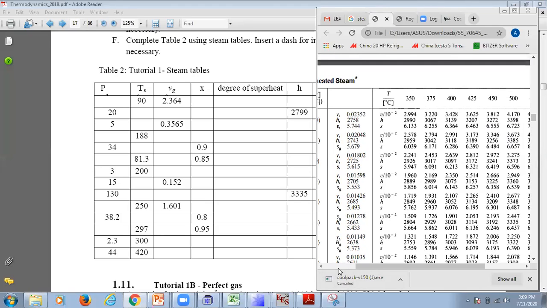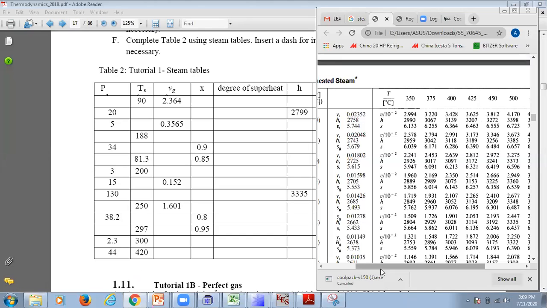Likewise, pressure 38.2, you have the X value. Temperature 297, X value. Then pressure 2.3 bar, 300 Celsius.